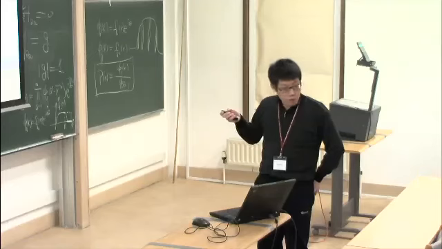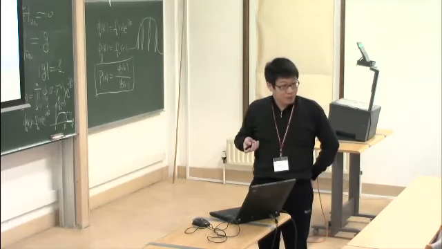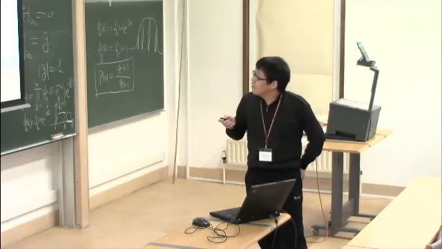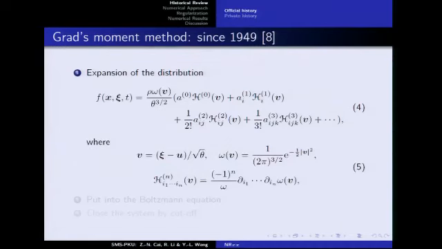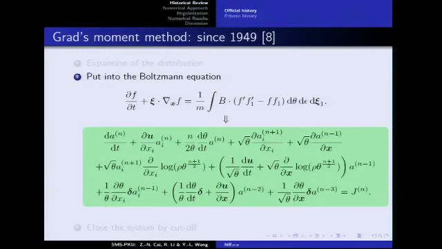this is the weight of the Hermite polynomial, and then by this expansion, we bring this expansion back to the Boltzmann equation, and then the ordinary differential equations can be obtained for all these coefficients, and it is looking like this one. And yeah, it's quite complex.